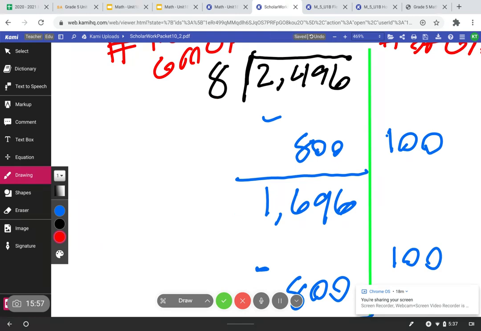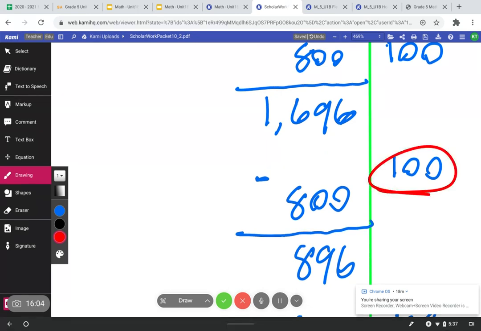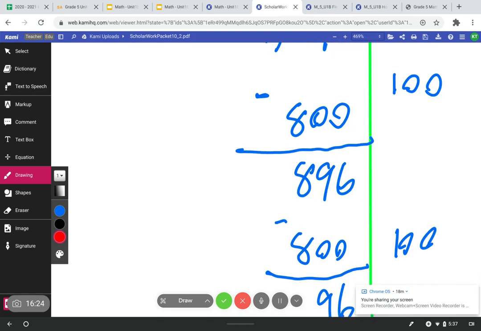Now I am seeing how many times does 8 go into 1,696. So I say, I'm just going to take out another 100 and see what happens. Another 100 groups. So 8 times 100, because remember, each group has 8, and I'm taking out 100 groups. So 800 minus 1,696, we're going to be left with 896.